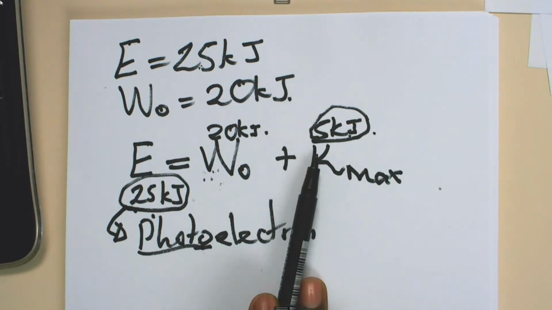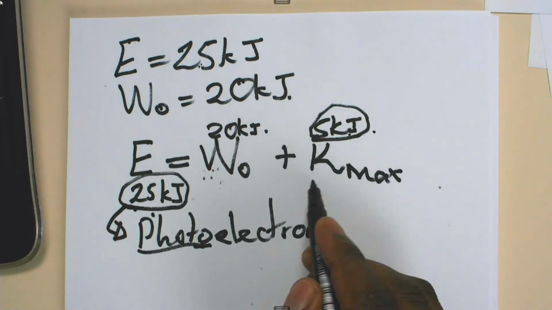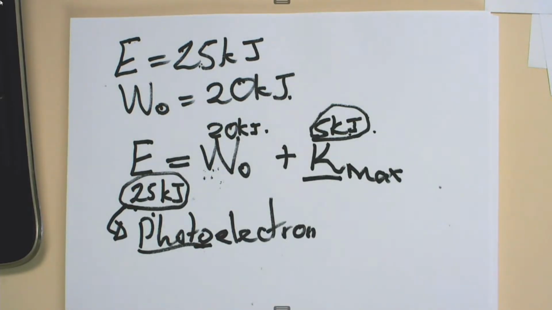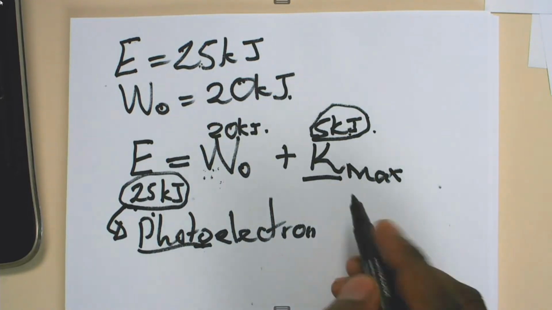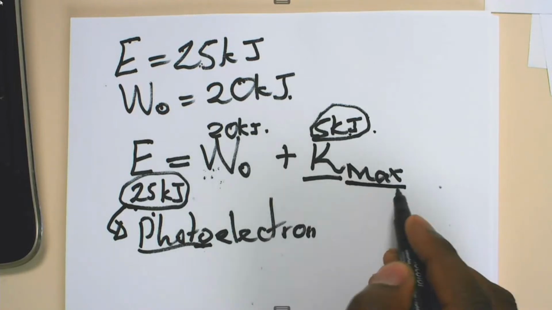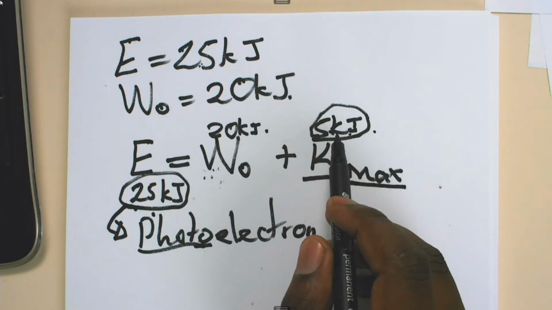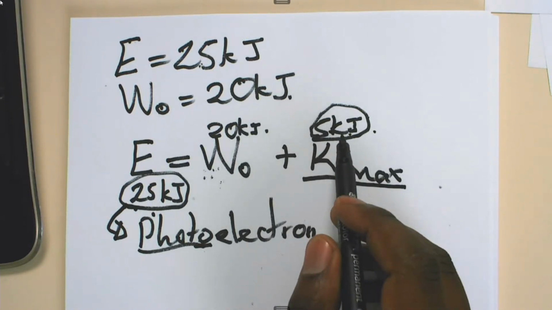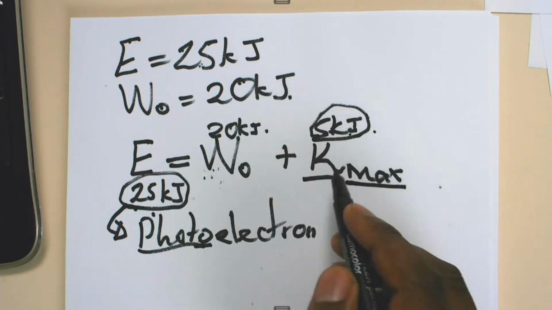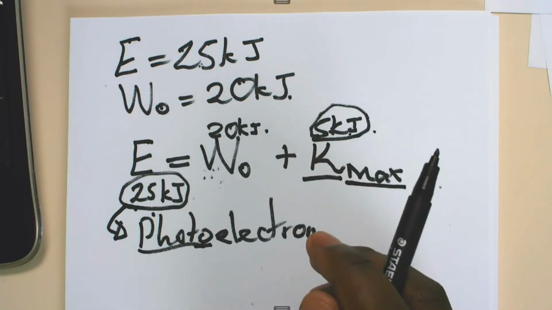And because here we are talking about energy due to motion, we refer to that as kinetic energy. But it is important, again, that we understand that here we are talking Kmax, because all of that energy that is left, all of it to the maximum, will be used to move away from the surface of the metal. That is very, very important that we understand.